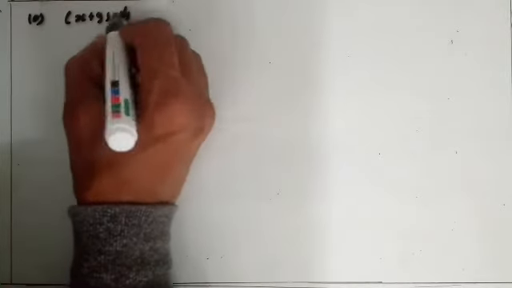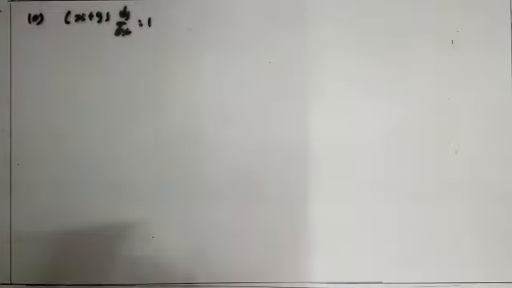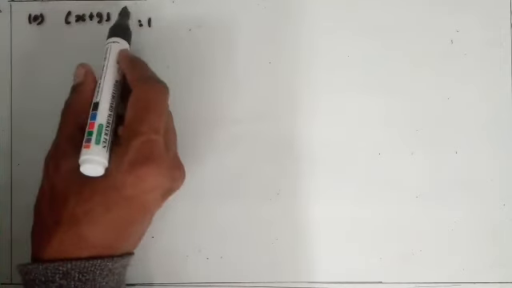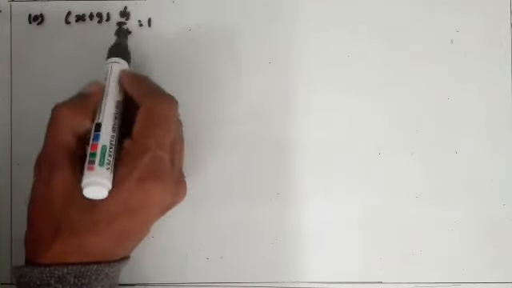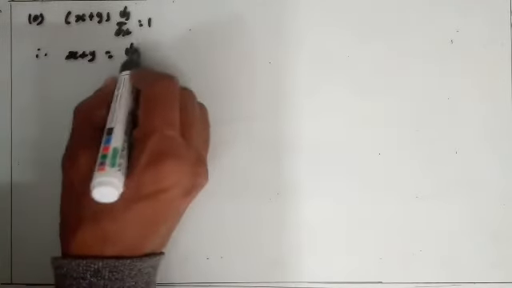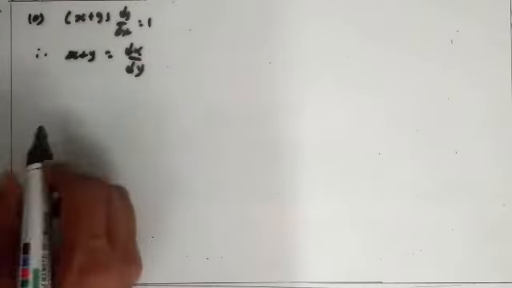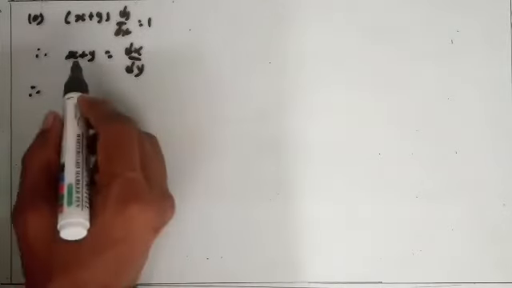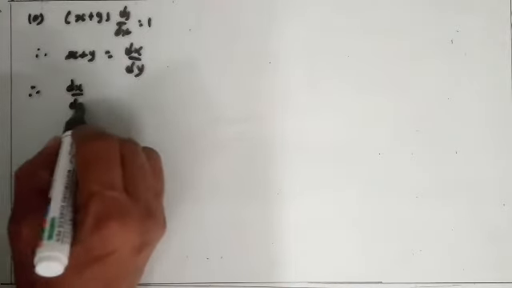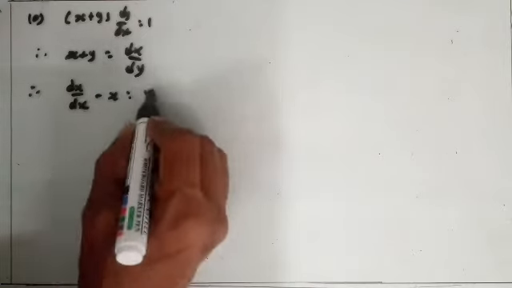Now question number 10: (x + y) dy/dx = 1. Separate dy/dx. So dy/dx taken this side, we get x + y = dx/dy. Clear? Therefore now take x to this side, so we get dx/dy - x = y.